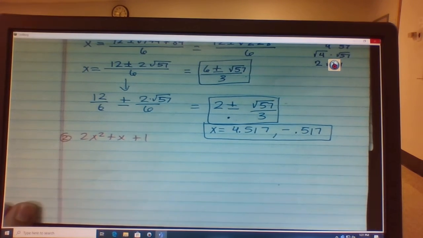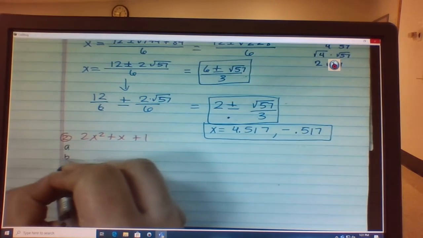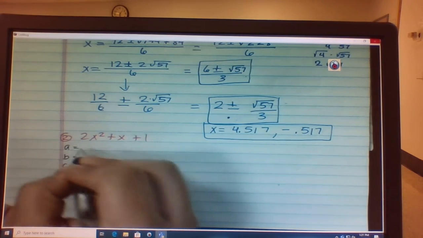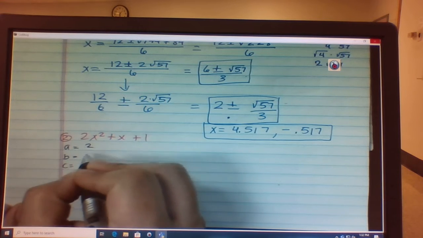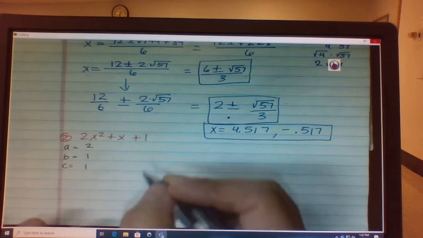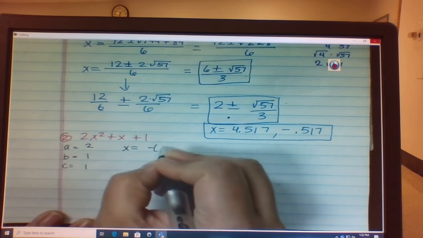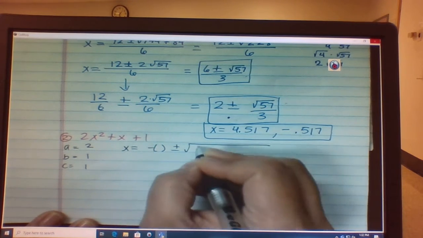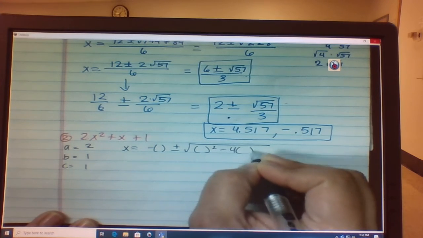So we're gonna do this problem the best that we could. Let's figure this out. Who's your A, who's your B, and who's your C? 2, 1, 1, right? Plug it into the equation.